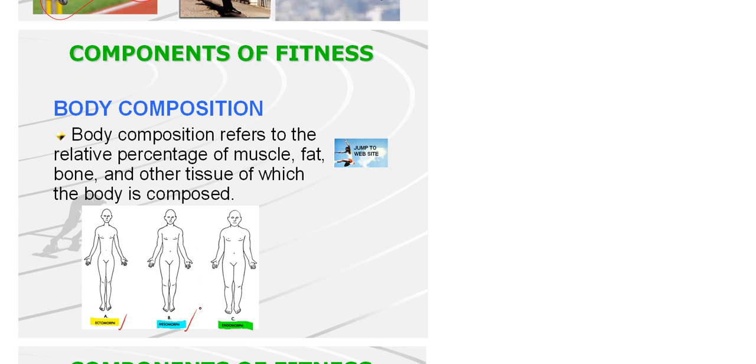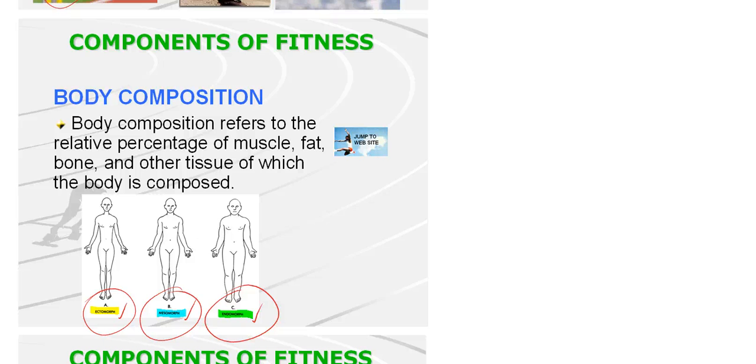Our mesomorph relates to the muscularity of an athlete, and our endomorph relates to the fatness of an athlete. Each athlete, when we do a body composition test, would receive 3 scores. One to do with an ectomorph rating, one for a mesomorph rating, and one for an endomorph rating.